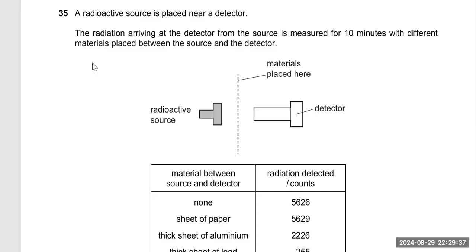But if you look at the penetration ability, alpha particles can be stopped by a sheet of paper. It cannot pass the sheet of paper. Beta particles can pass through a sheet of paper and can be stopped by an aluminium sheet.